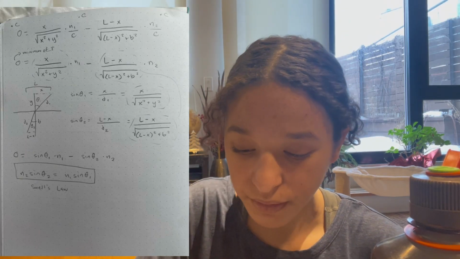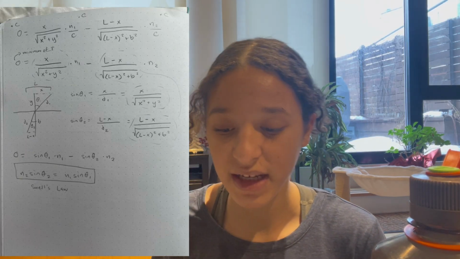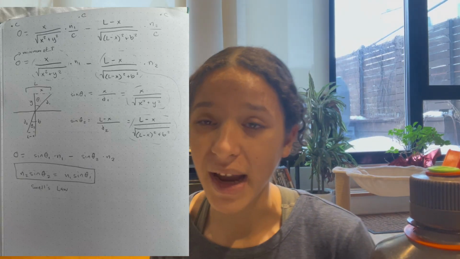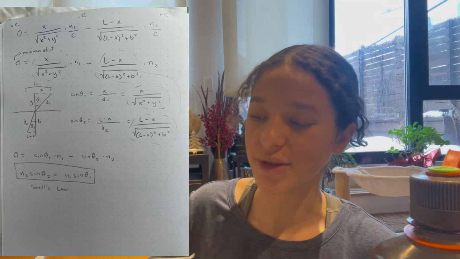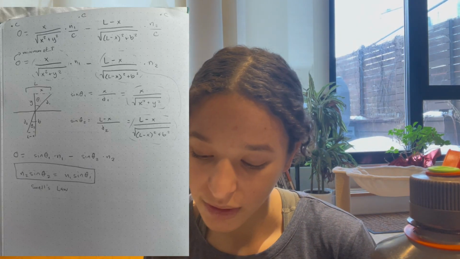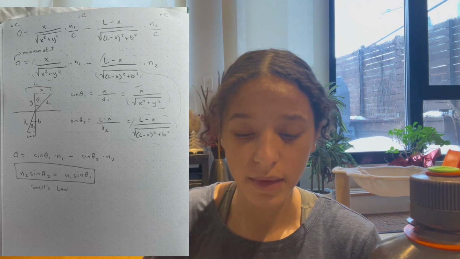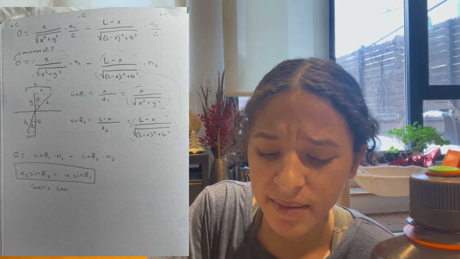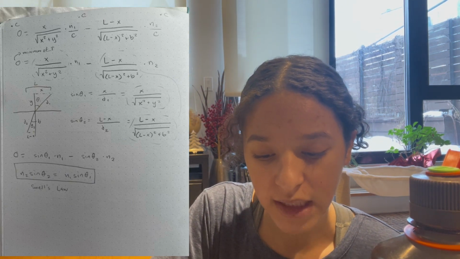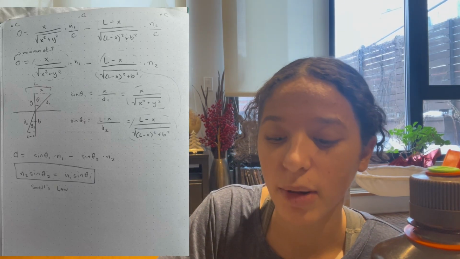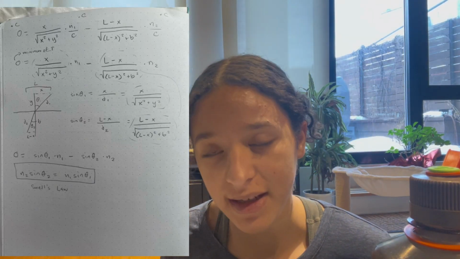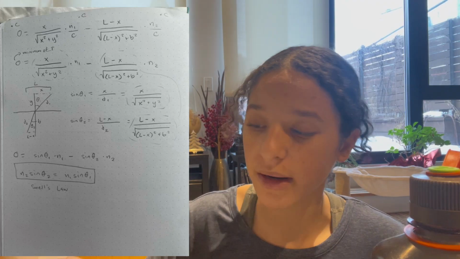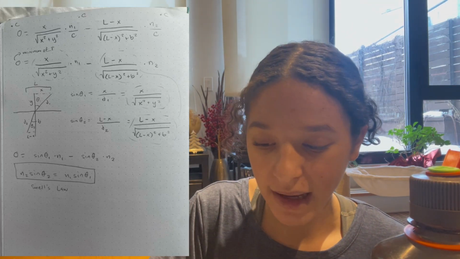And we already canceled the c's, so we have times n1, the refractive index of the first medium, minus, and then let's look at this fraction too. If you look at sine of theta 2, opposite over hypotenuse, what is the opposite equal to? Well, that was L minus x, and the hypotenuse was the square root of ((L minus x) squared plus b squared). And that's exactly what we have over here.